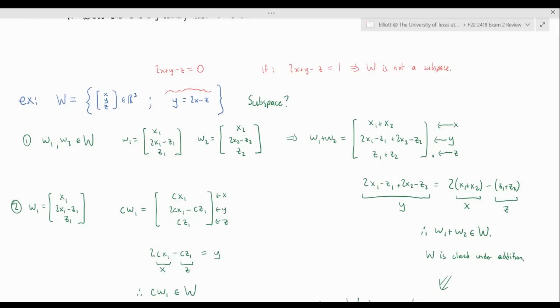Okay. You can just make up an example to prove that. A simpler reasoning that I think you could give for this though is it also won't be closed under scalar multiplication. That's true. It also won't contain the 0 vector, so that's like another reasoning that you can use as well. Okay.